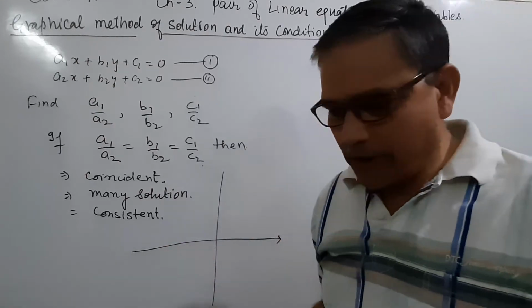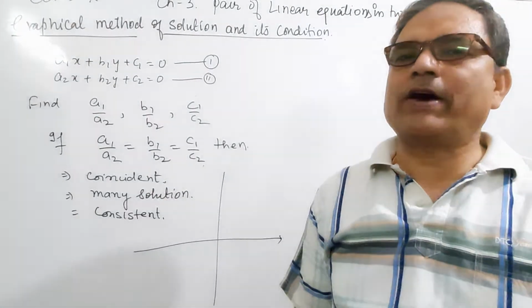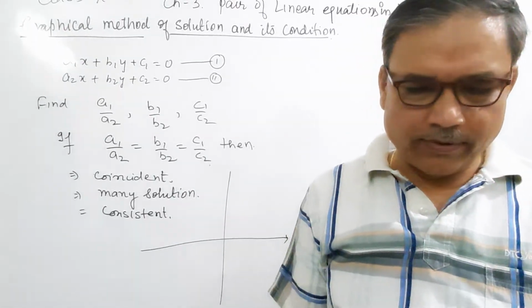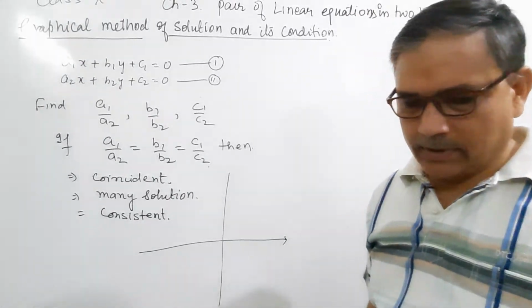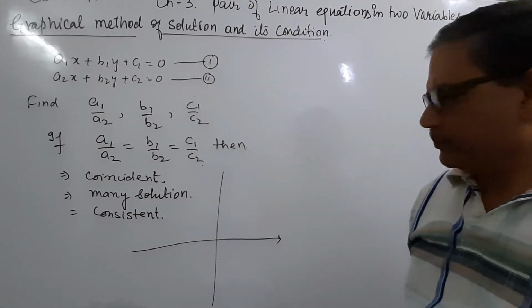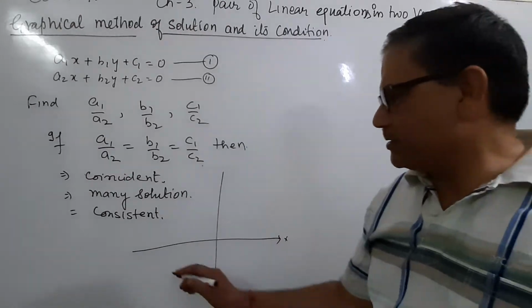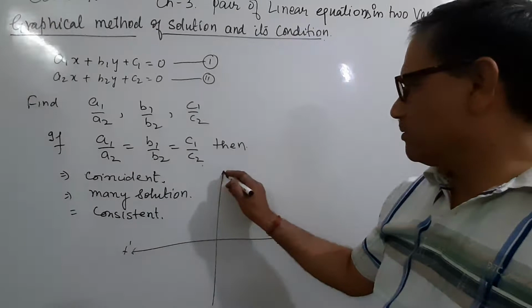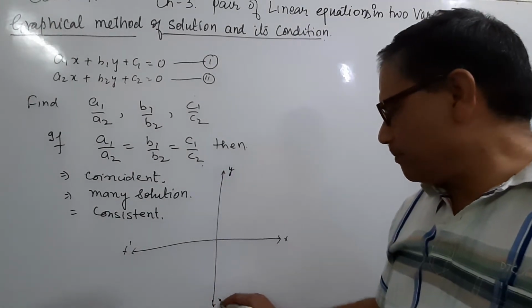Put the value of x and y yourself. Where is the x axis, where is the y axis? You have to put yourself. This is x plus, this is x minus, and this is y, and this is y minus.